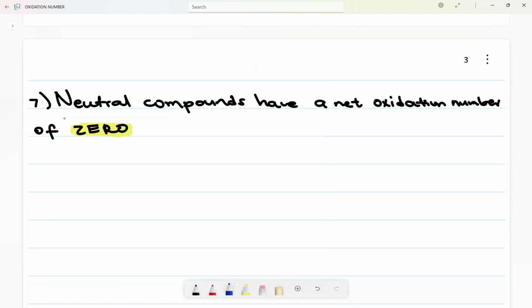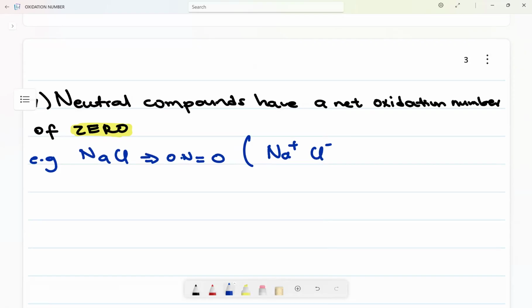It means that if I'm having sodium chloride, the net oxidation number is 0. How? Remember it is Na plus and Cl minus. So when I calculate my net oxidation number, it is going to be plus 1 minus 1, which is equal to 0.